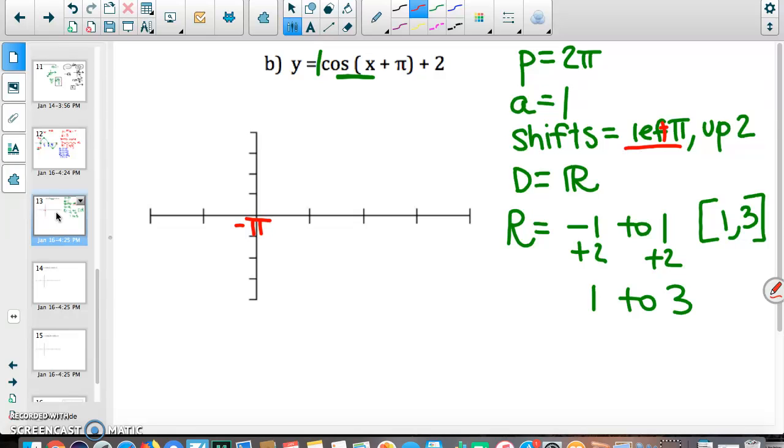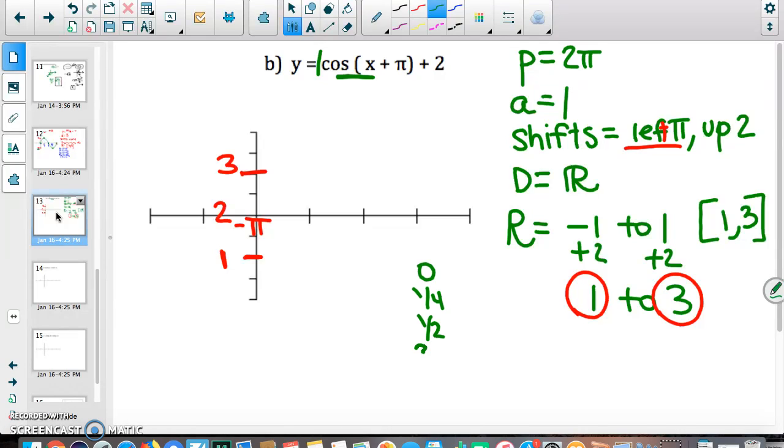And from 1 to 3, I'm actually going to assign this as 1 and this as 3, just to give myself a little bit more room, especially because I'm on the smart board. So that means in the middle here is going to be a 2, right? 1, 2, 3. Awesome. Now let's think about my subintervals. So we do 0, 1/4, 1/2, 3/4, and 1. And we're multiplying it by our period.